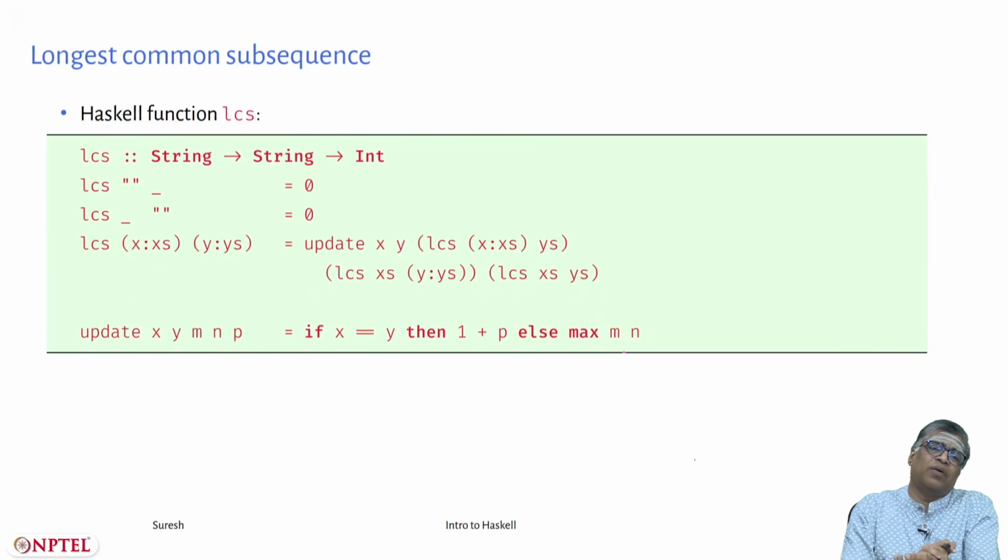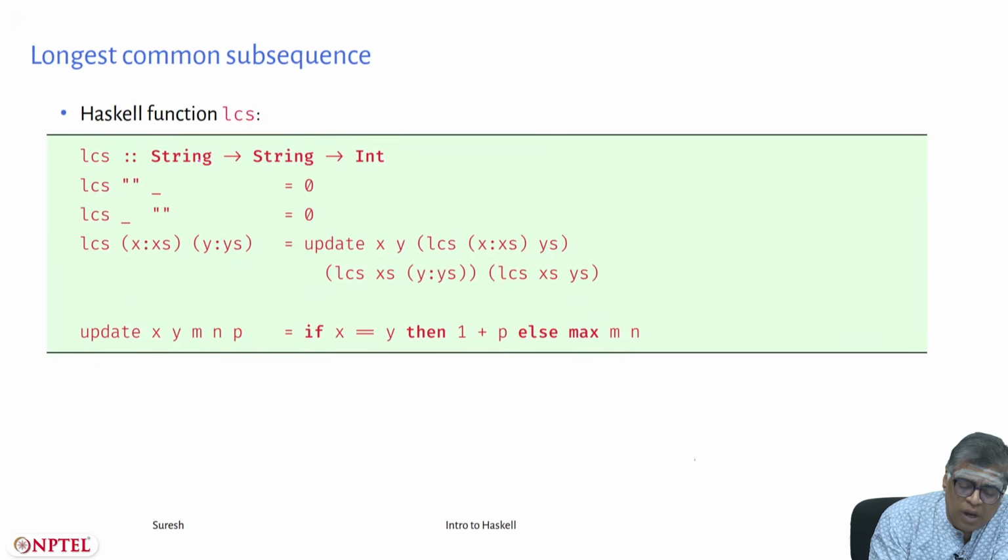So here is the naive algorithm to compute the length of the longest common subsequence. I have LCS, which is of type string arrow int. LCS of the empty string on one side, it doesn't matter what the other is, the longest common subsequence is the empty string whose length is 0. LCS of anything and the empty string is also 0.